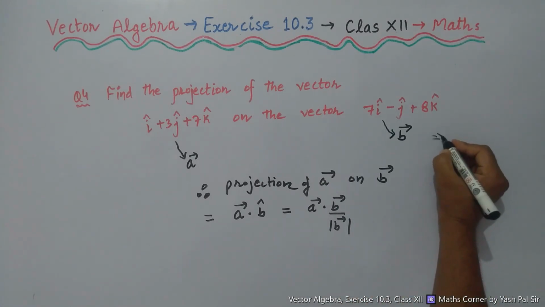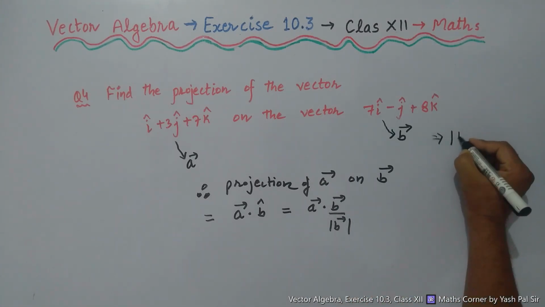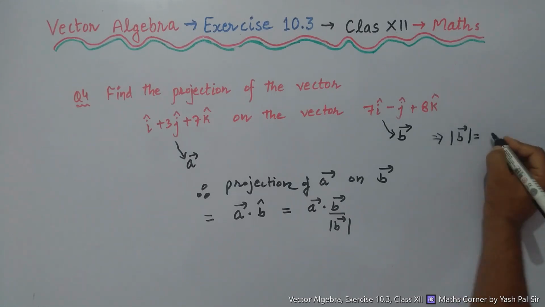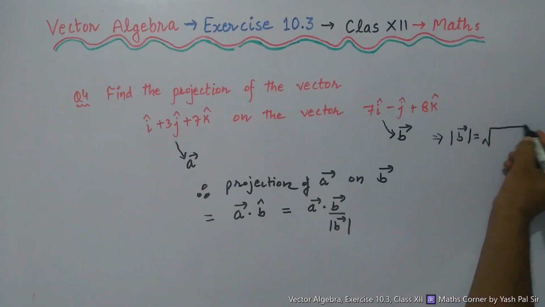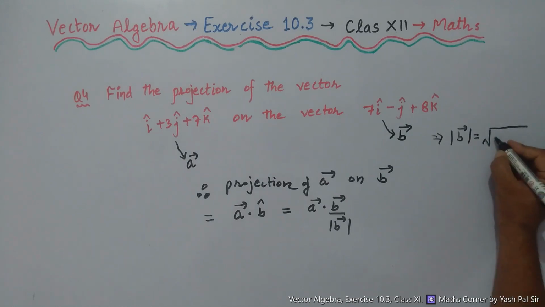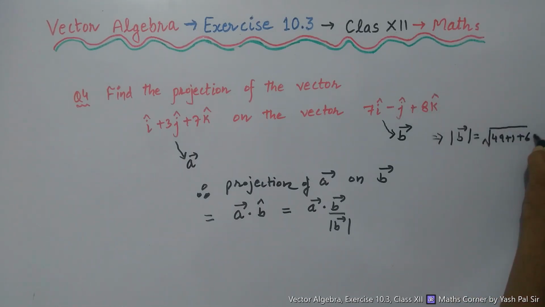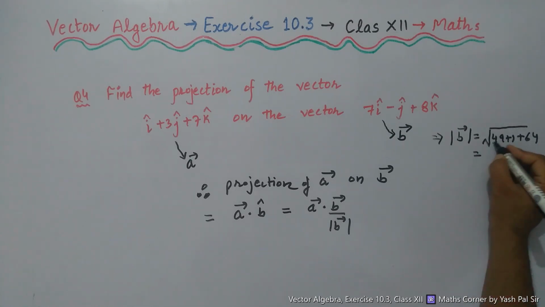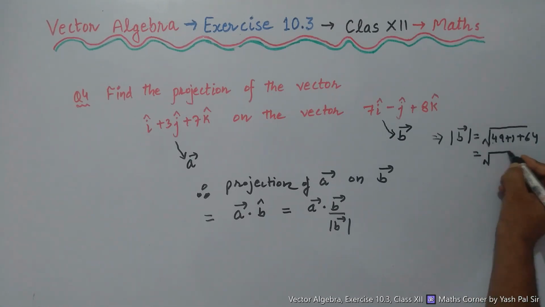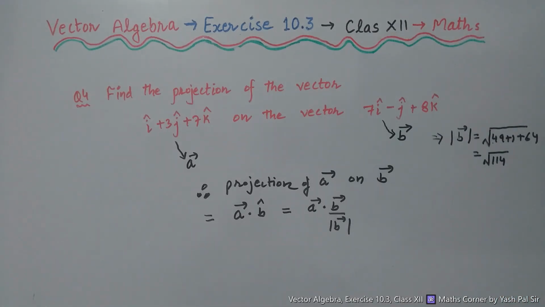So from here we can find the magnitude of vector B, which is equal to the square root of 7 sevens are 49 plus 1 plus 8 eights are 64. So this is equal to square root of 114, right?